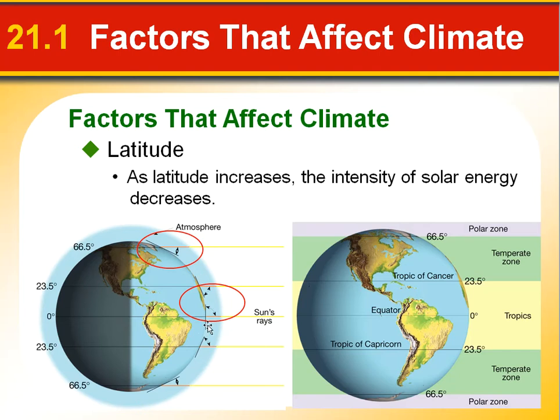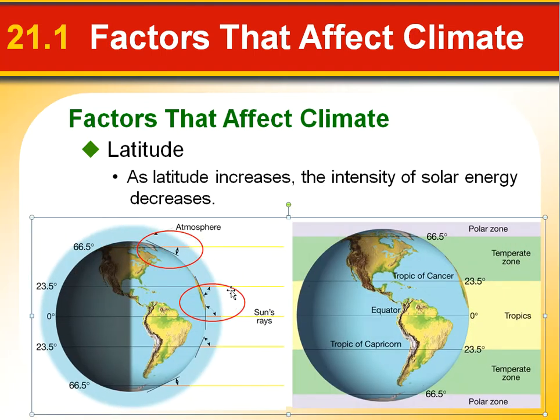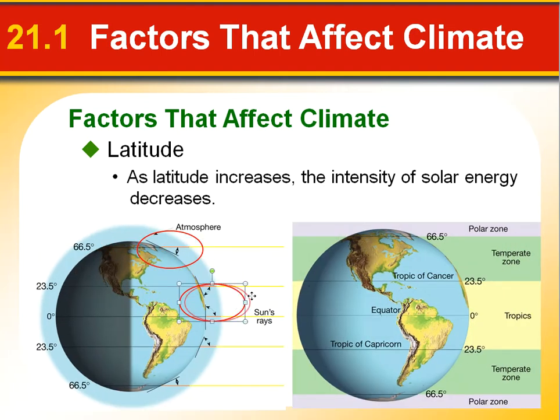Well, as we know, the Earth is tilted on its axis, and so the angle at which the sun's rays hit the Earth varies as we move away from the equator. If we look here at the sun's rays, we see that the sun's rays here are coming at the equator at the most direct angle, and so they're going to be much brighter at the equator.